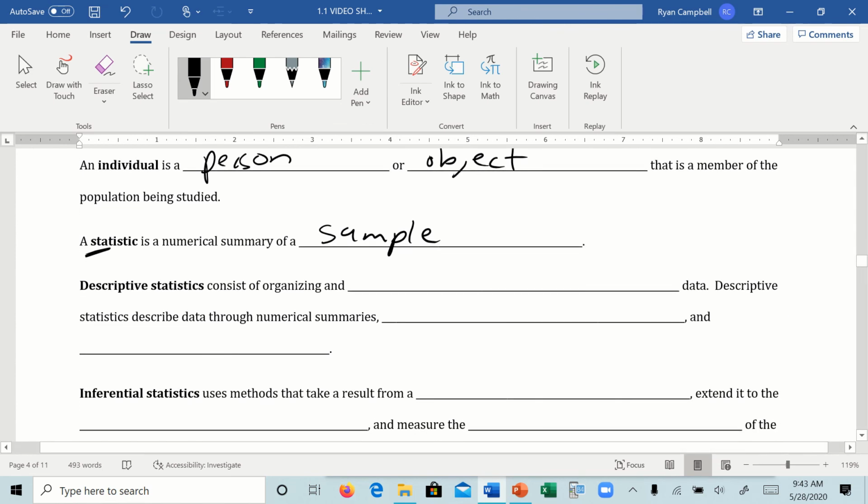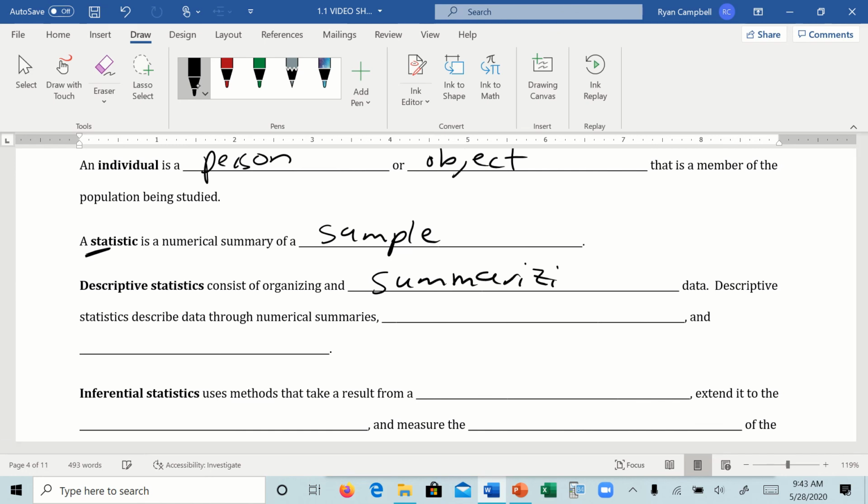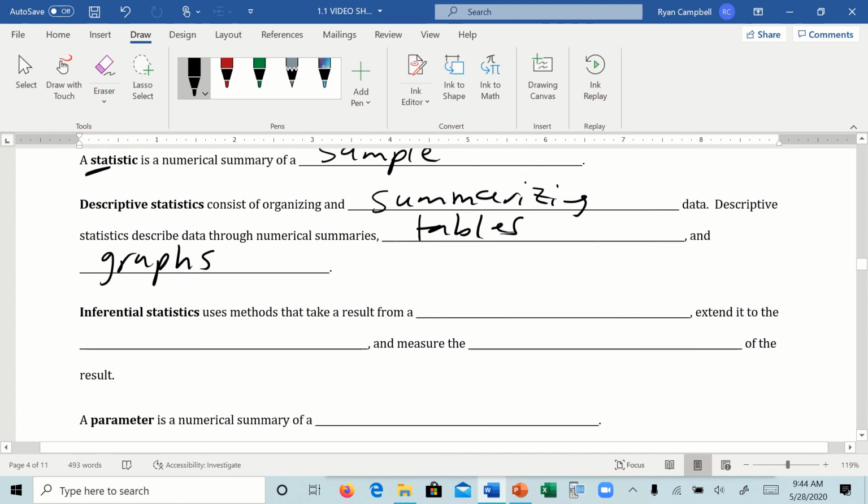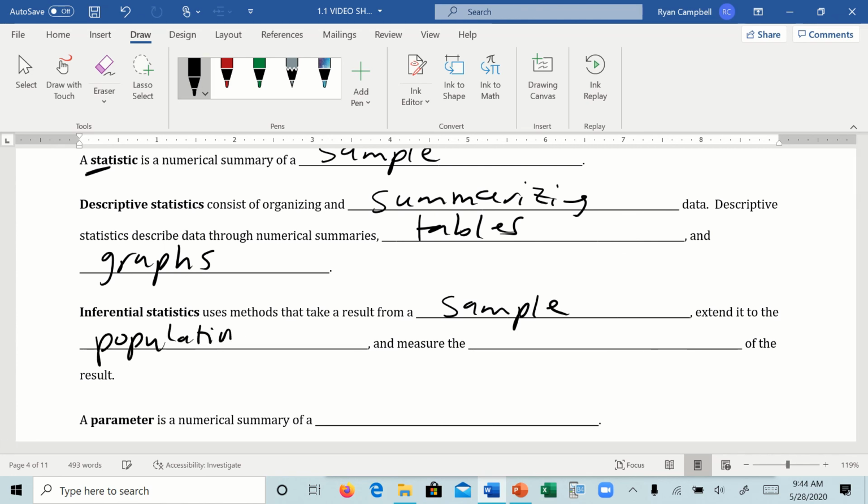Descriptive statistics consists of organizing and summarizing data. Typically these can be described through numerical summaries, tables, and graphs. We'll talk a little bit more about that in the chapters to come. Inferential statistics, however, uses methods that take the results from a sample and extend it to the population.